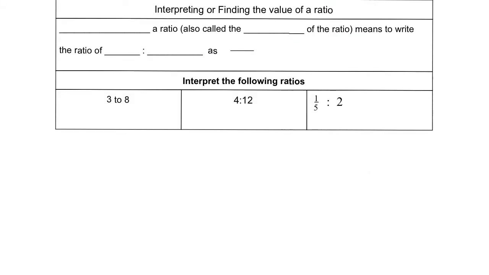Okay, and then there's something called interpreting or finding the value of the ratio. We'll do a darker color. Okay, it means to write the ratio of A to B as A over B and reduce.